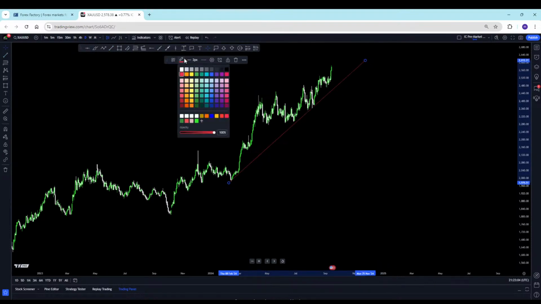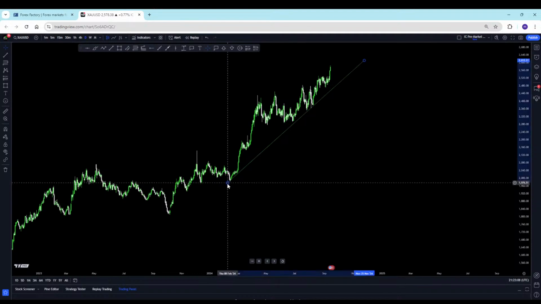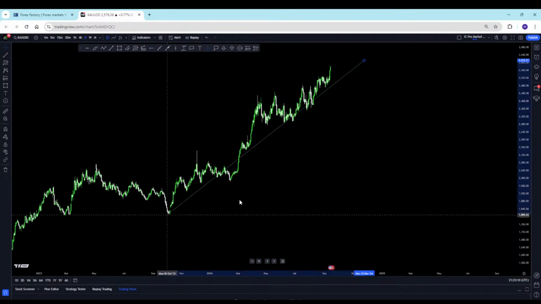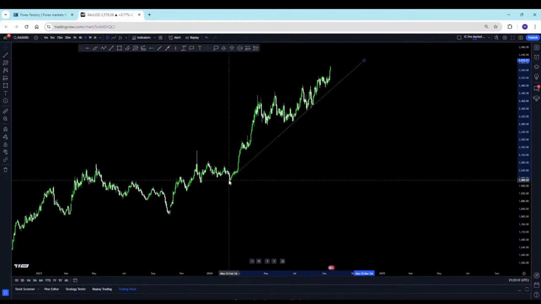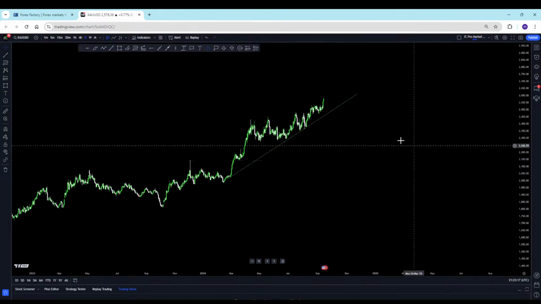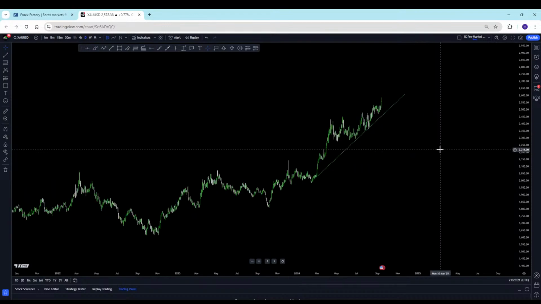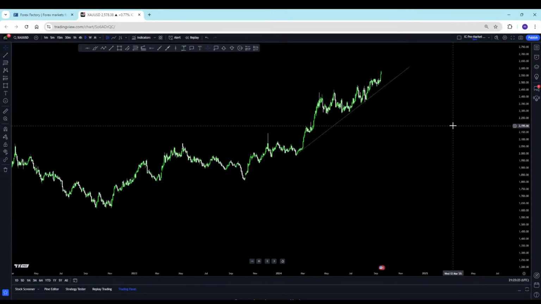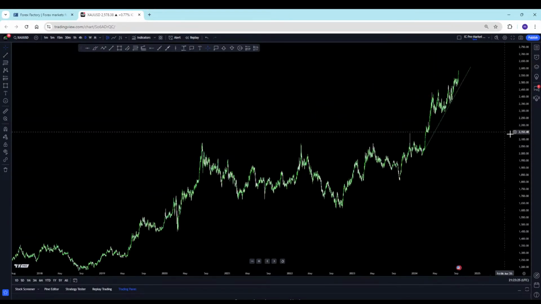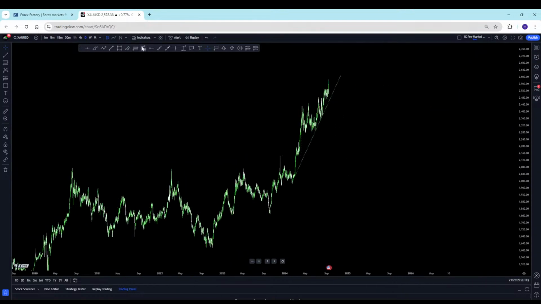Okay, so we have an ascending trend line here. Here you can see prices definitely moving in this uptrend.